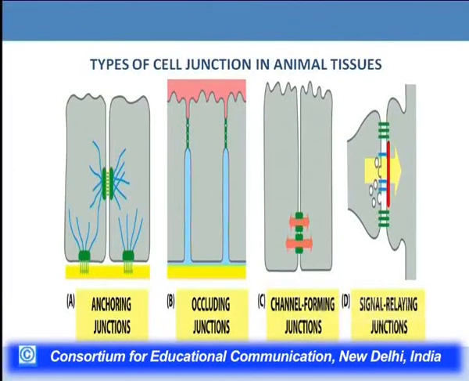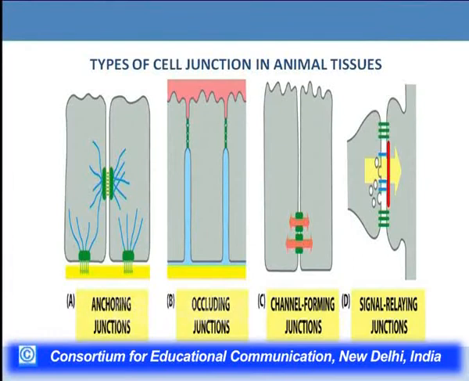Now these were the types of proteins which make different types of cell to cell junction. Now what are the types of cell junctions which are present between various cell types in the animal tissue? These cell junctions could be anchoring junctions, like we see in the case of hemidesmosome, which are junctions between the cells and the basement membrane, or there could be desmosome or macula adherens, or there could be occluding junctions which prevent passage of molecules from one side to another between epithelial cells.